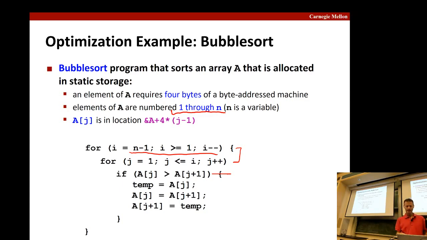All right, and so what that means is that the address for A sub j is computed from the starting address of A. We're assuming that the elements are 4 bytes, but you have to subtract 1 off from the j. So you take this array that's from 1 to n, and for C, for allocation purposes, we actually shift it over to 0 to n minus 1. Okay, and this is just a swap. If they're in the wrong order in terms of largest to smallest, you just swap them.